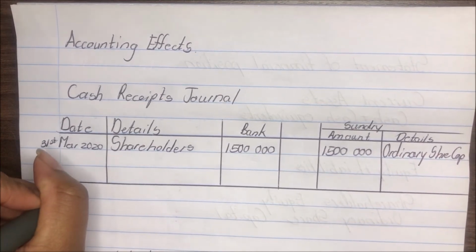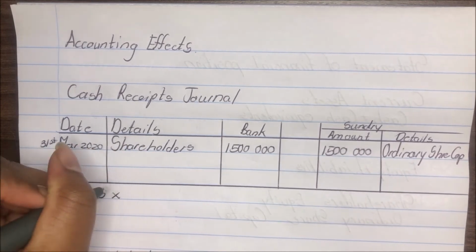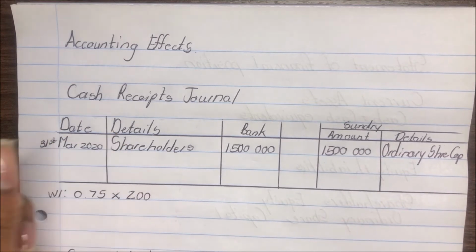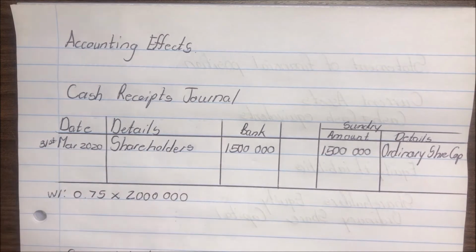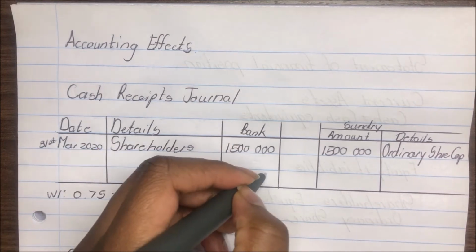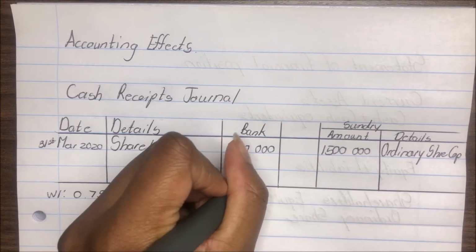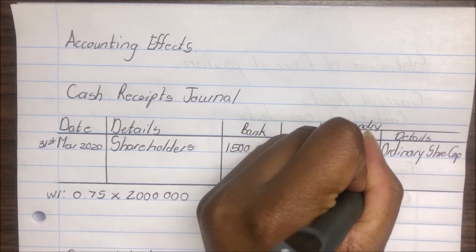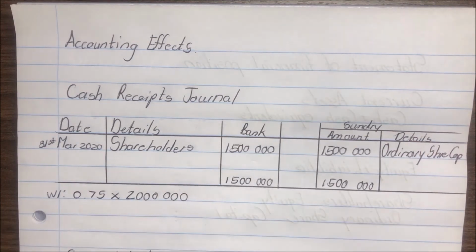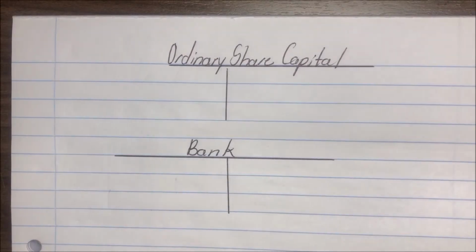You also want to show your marker how you got 1.5 million, so underneath the journal, you can write down your workings. That can give you part marks. Then you need to remember to close the journal by totaling the amounts. You can see that the cash receipts journal balances. The bank amount is equal to all the amounts that we have received.